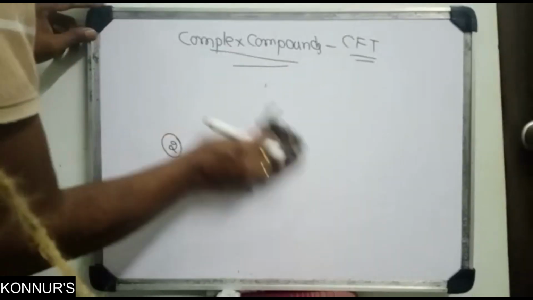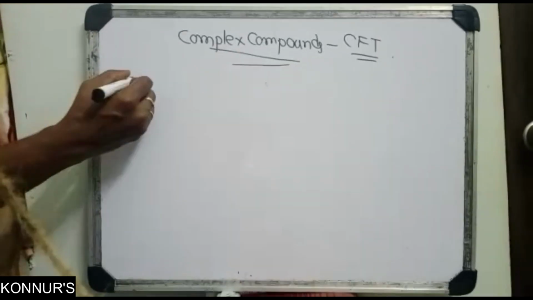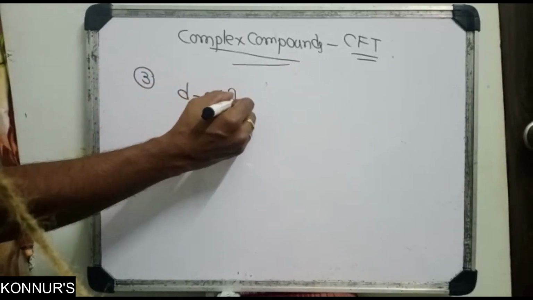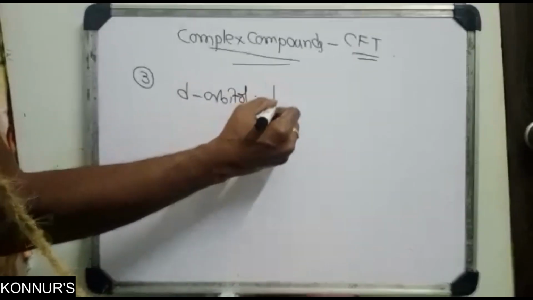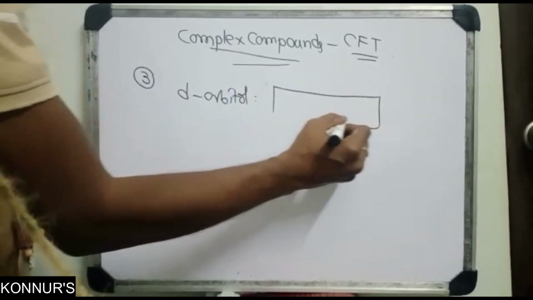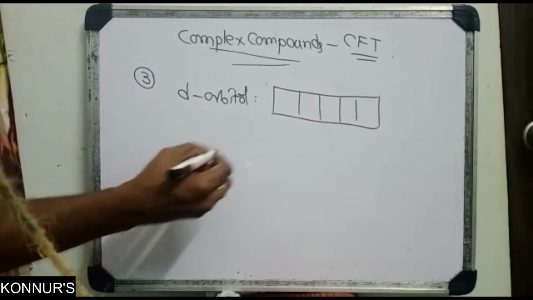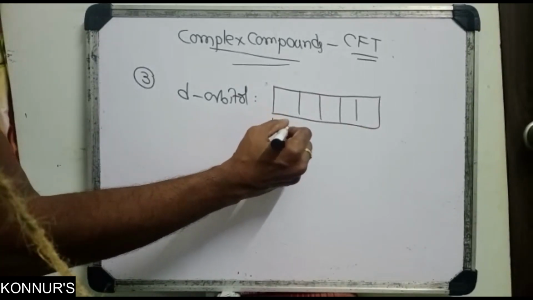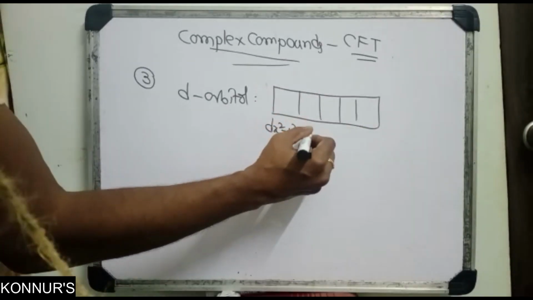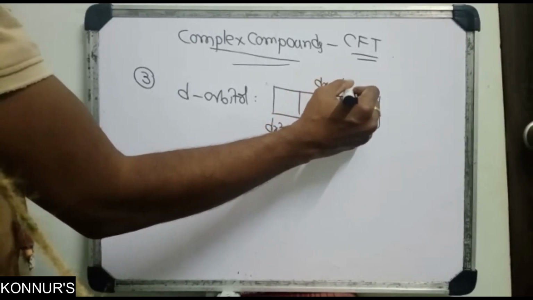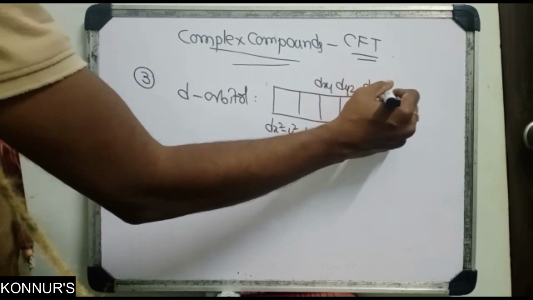Next, the d orbital is classified into two types. The d orbital contains how many? 5 suborbitals are there. So what are they? dx square minus y square, dz square. Next, dxy, dyz, dxz.